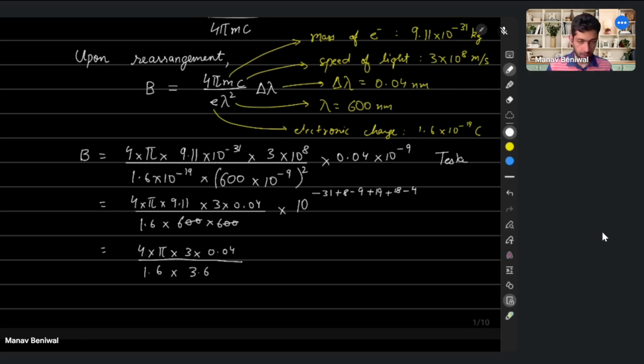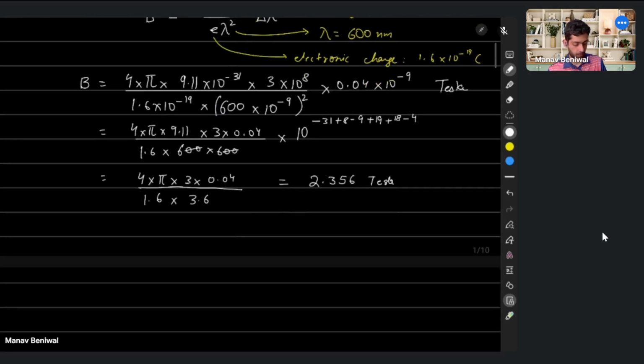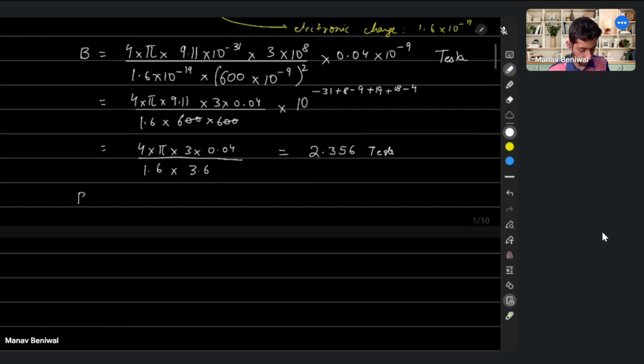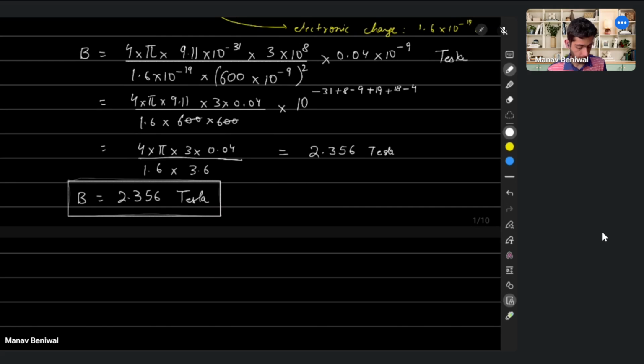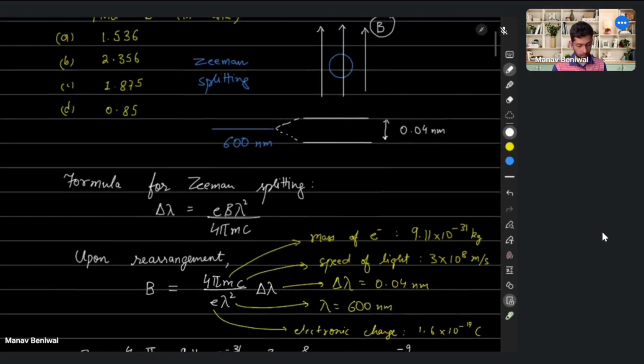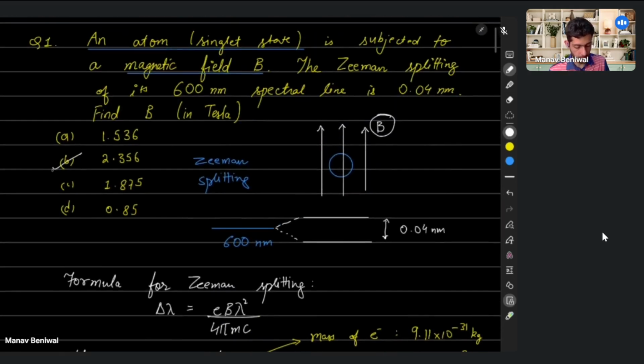Now if we calculate this, it should come out to be 2.356 Tesla. So our magnetic field B is nothing but 2.356 Tesla, which is option number B.